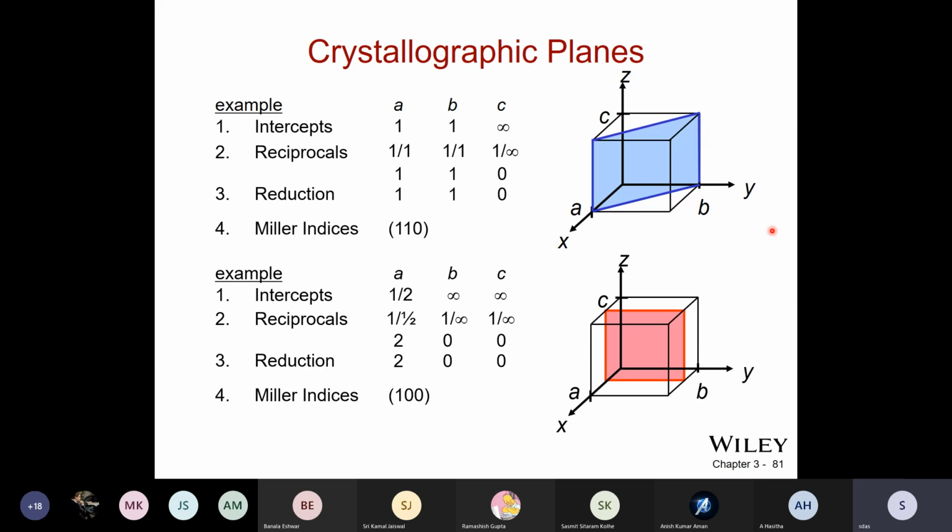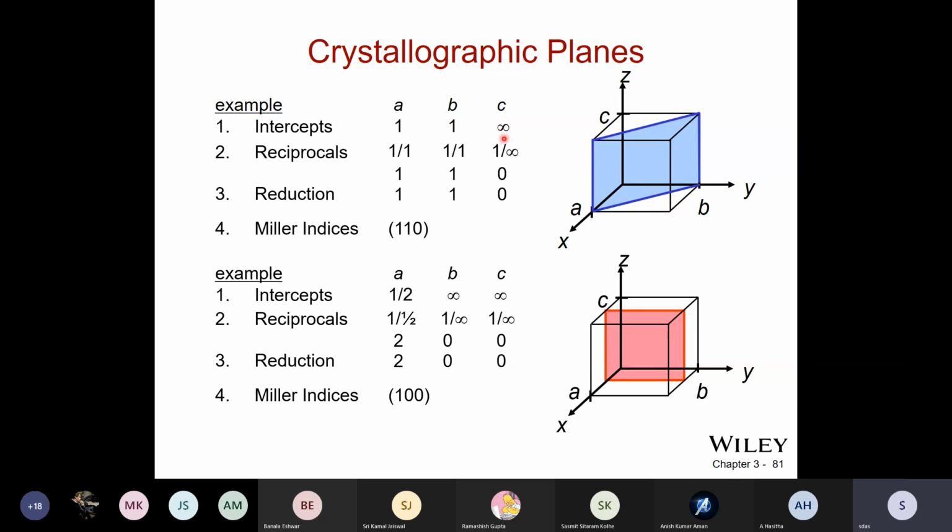So last class we showed: take the reciprocal of the fractional intercepts and multiply with a number if required to make a whole number, integers, not a fraction. So this blue color plane intercepts x, y and z axis at unit length, unit length and infinity, meaning parallel.